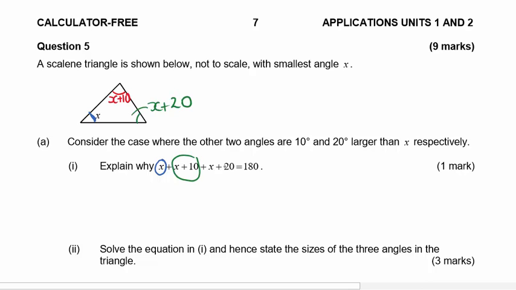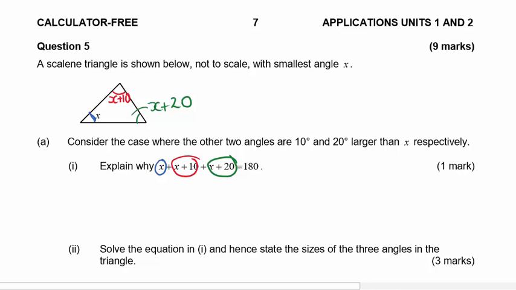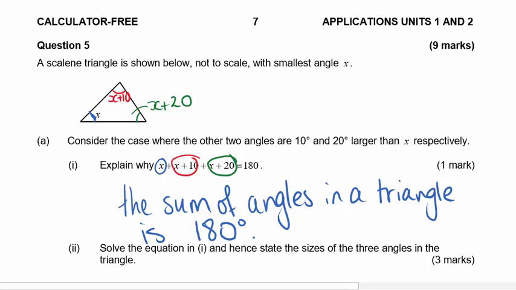And so we know that the sum of angles in a triangle is 180 degrees. And so that's why that is 180 on that side of the equation.